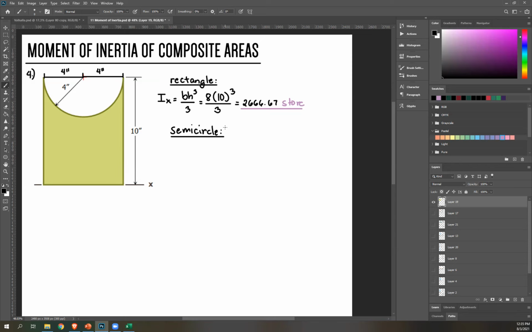And remember, whenever we have something like that, we use the parallel axis theorem. So Ix is Ix bar plus Ad squared. In this case, that's distance y, so y squared. Does anyone remember the equation for the moment of inertia about the central axis of a semicircle?